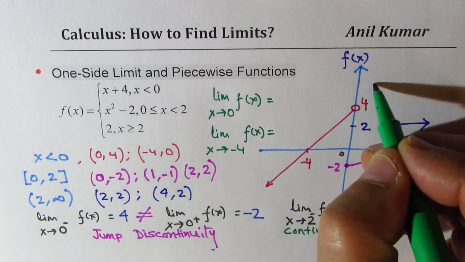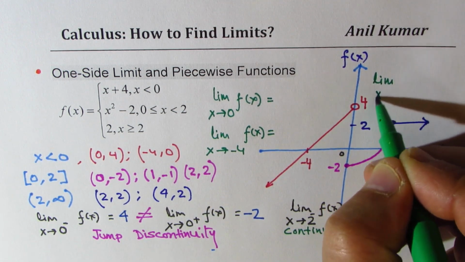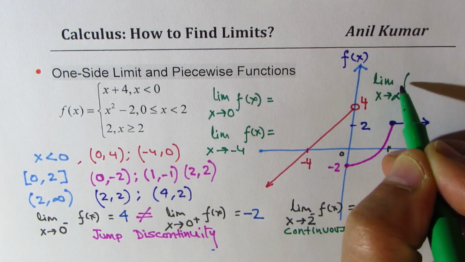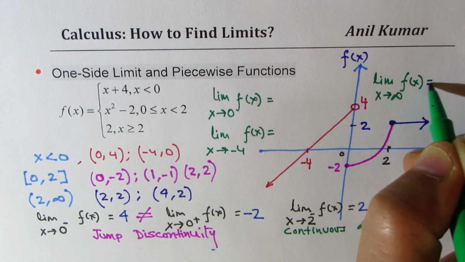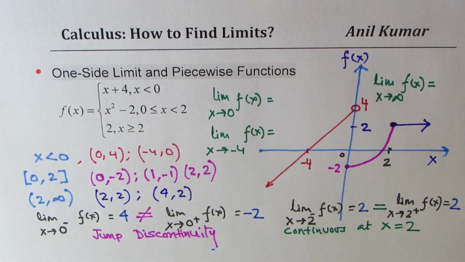And how about the limit when x approaches infinity for the function? Okay. So these are the three questions for you to solve. You may write down their answers. I can check them for you. So now let's move on and understand why limits may or may not exist.